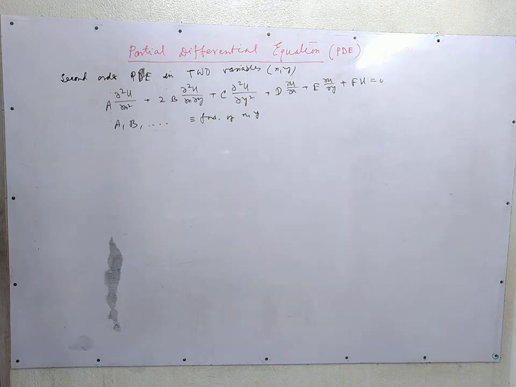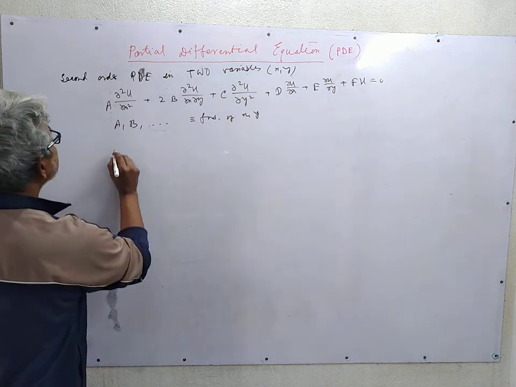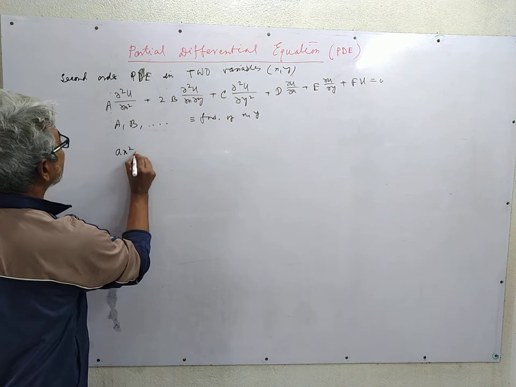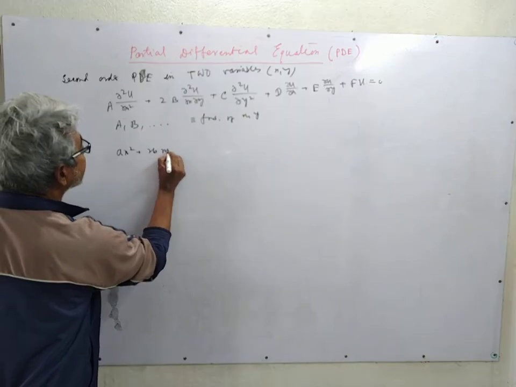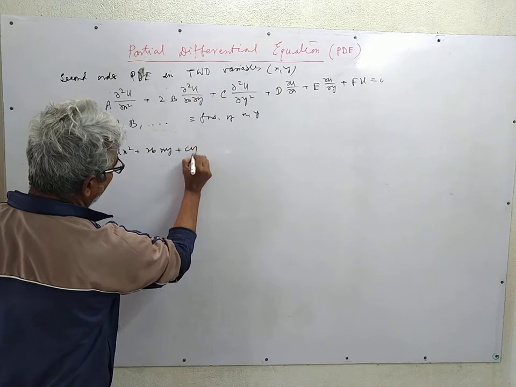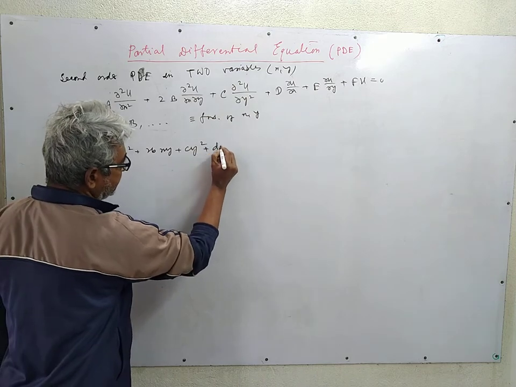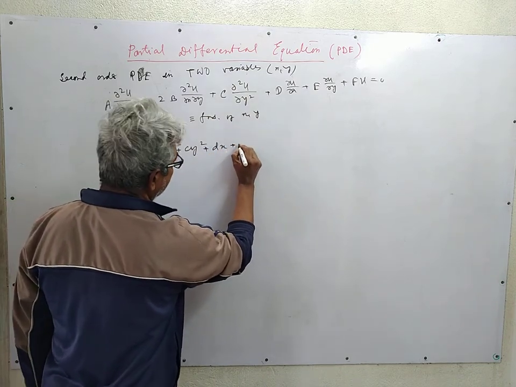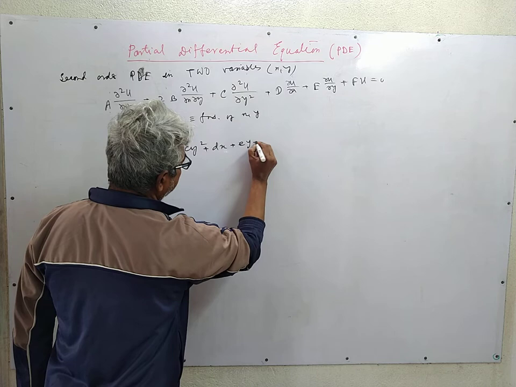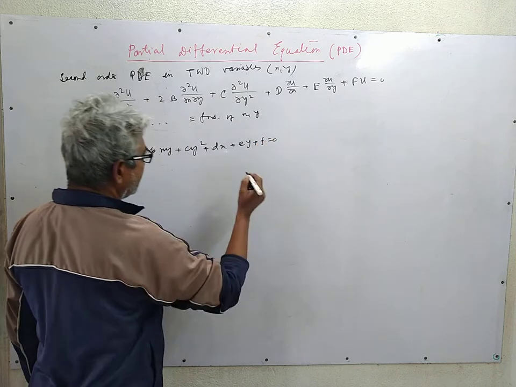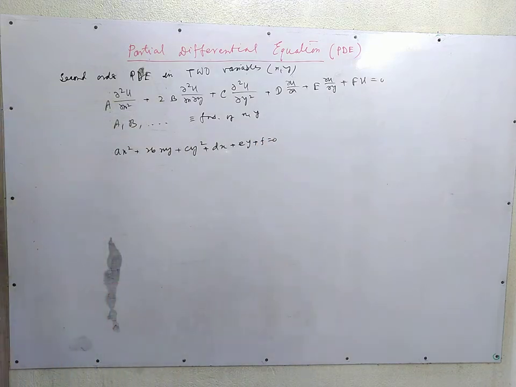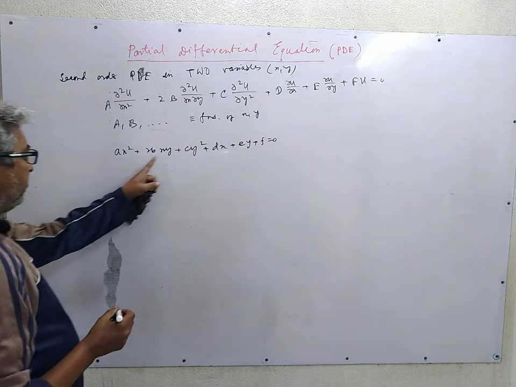Now, if we compare this equation with the second order algebraic equation a x square plus twice b x y plus c y square plus d x plus e y plus f is equal to 0, we know that the curves depend on the relative values of a, b and c.